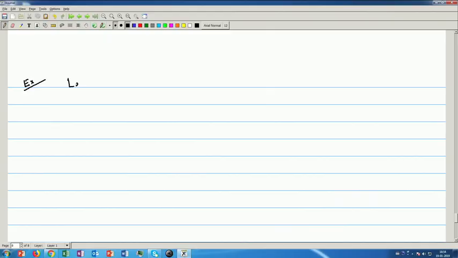So, let Z_n equal to 0, 1, 2 up to n minus 1, that means there are n elements in the set. Z_n is an n element set.